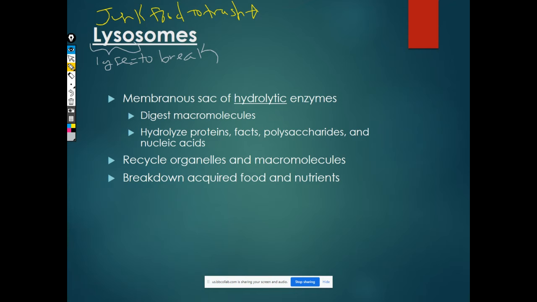And that's the key here. So this is a sac made of our membrane, specifically our phospholipid membrane.